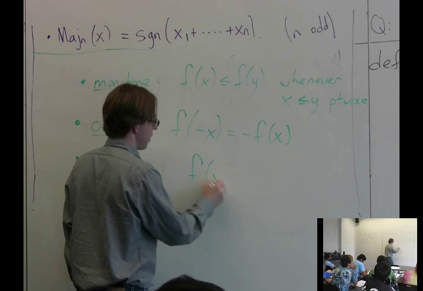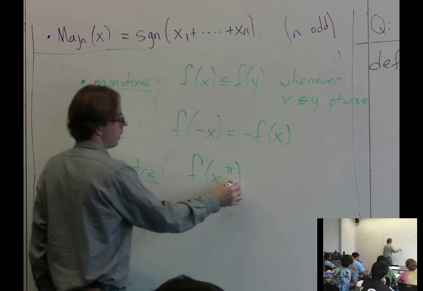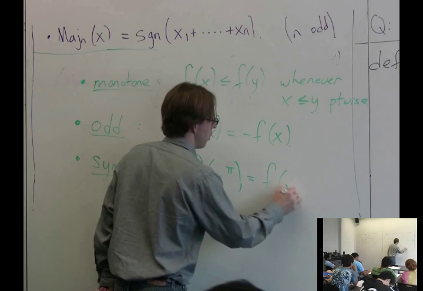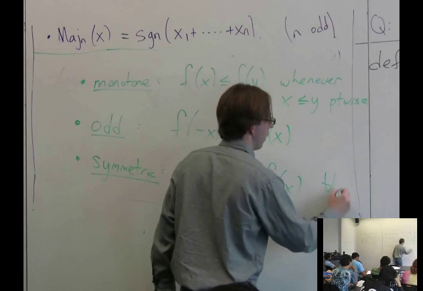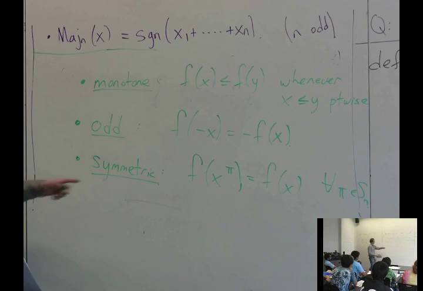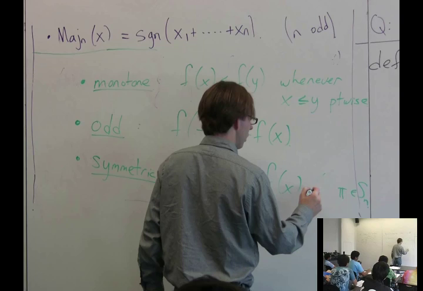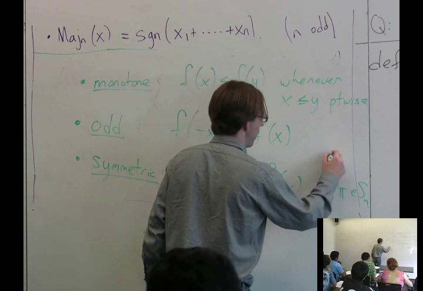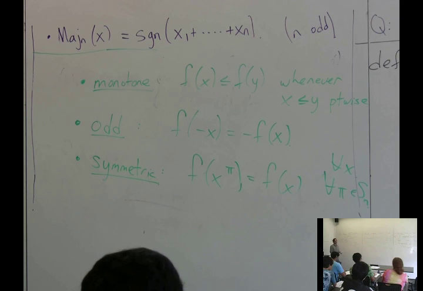In other words, I'll invent some notation, which I hope you'll guess the meaning of. f of x permuted by pi, where pi is some permutation of n symbols, is the same as f of x for all pi and also for all x. Okay?